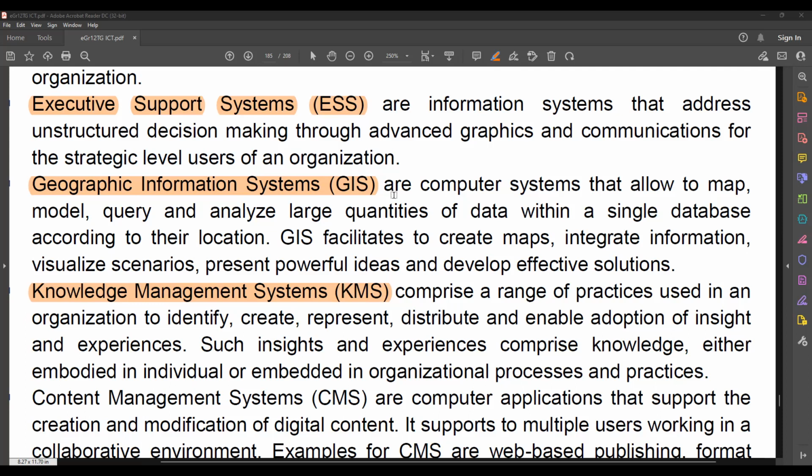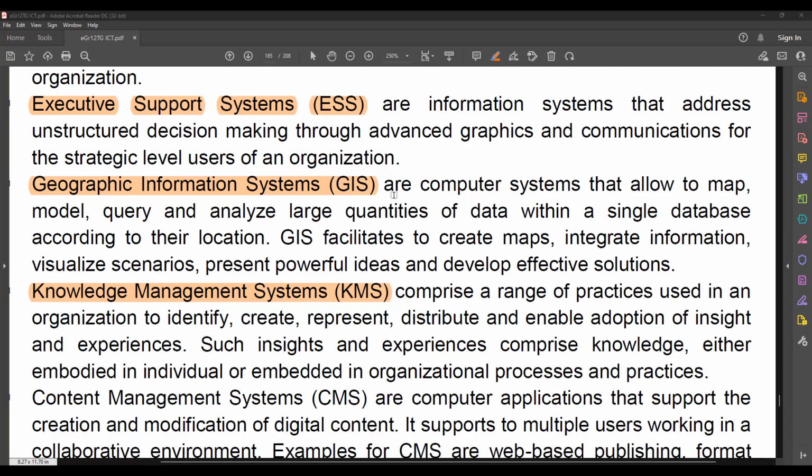So you can visualize. Now, for example, let me say town planning. Let's say you want to plan a town. Now, for that, you need to use geographic information systems, see where things are, and then based on that, you are going to make a decision. So those systems are known as geographic information systems.